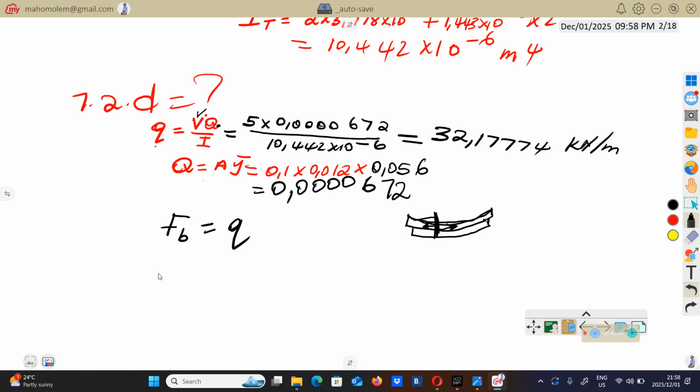We've discussed the formula is going to be pi d squared over 4 multiplied by shear stress multiplied by n, which is the number of bolts, multiplied by c. C is 1 for single shear, and c is 2 for double shear. And then Q is calculated as 32.17774.